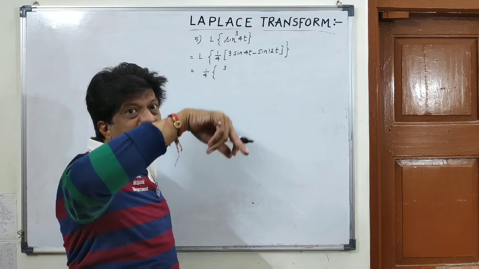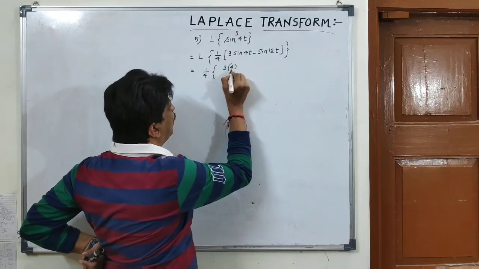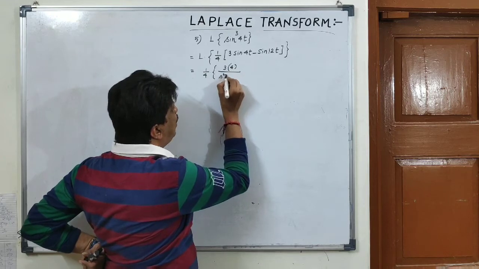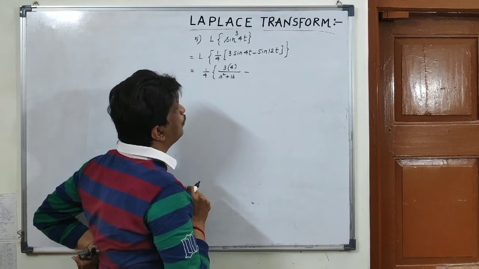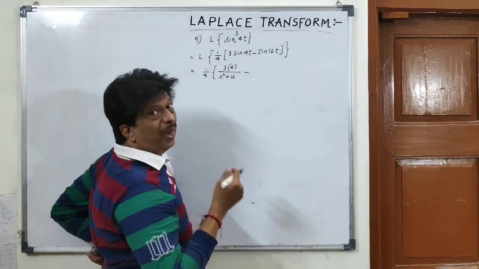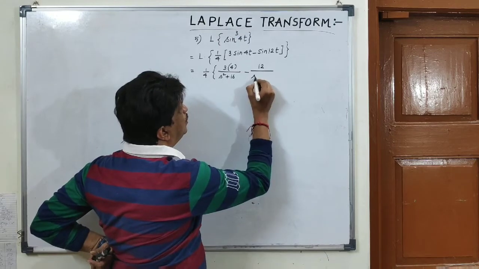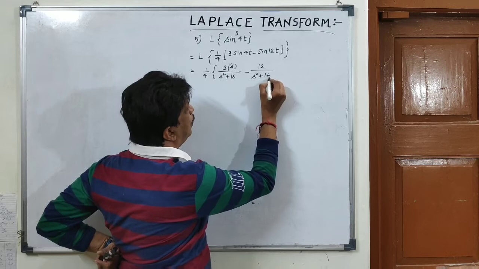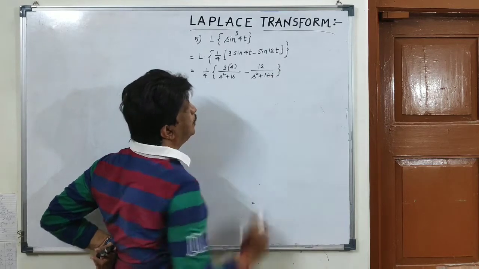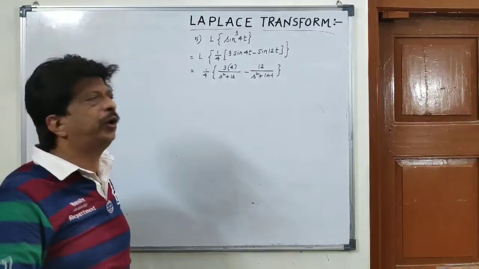A is 4. So it is a upon s square plus a square. So it is 4 upon s square plus 4 square, minus sine 12t. It is 12 upon s square plus square of 12, 144. That is the Laplace transform of sine cube of 4t.